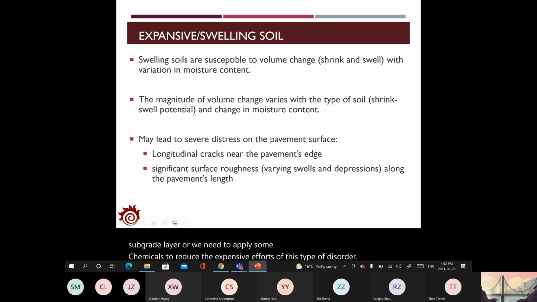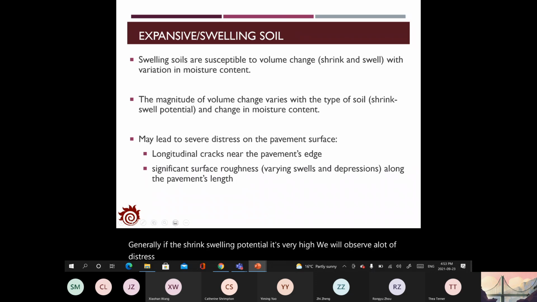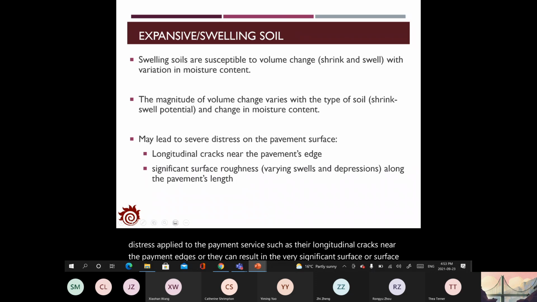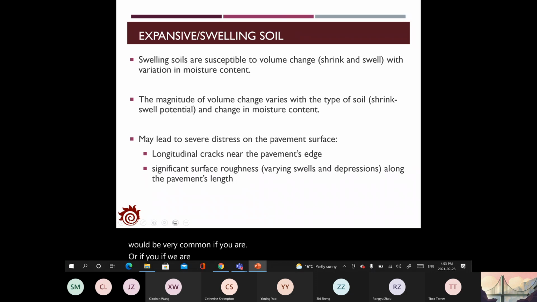Generally, if the shrink-swell potential is very high, we will observe a lot of distress on the pavement surface, such as longitudinal cracks near the pavement edges, or very significant surface roughness, like the road will not be even along the pavement lanes. This is very common especially in some places in Saskatchewan; not quite common in Ontario, but in Saskatchewan there are a lot of expansive soils.